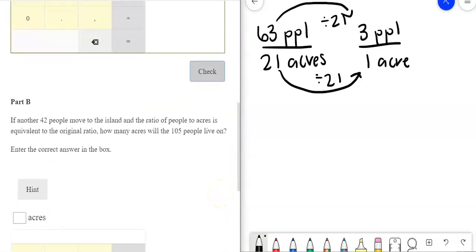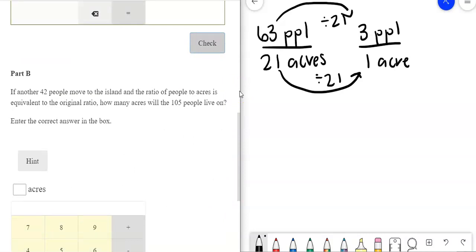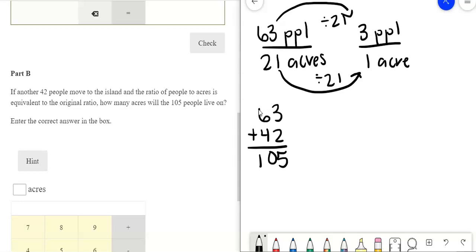Okay, part B. If another 42 people moved to the island, so if I had 63 people and then another 42 moved there, 5, 10, so I have 105 there. If the ratio of people to acres is equivalent to the original ratio, how many acres will 105 people live on?